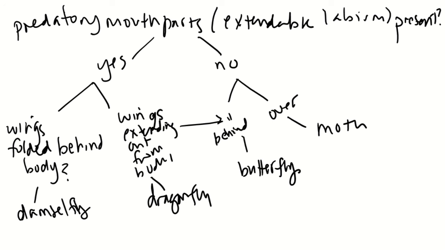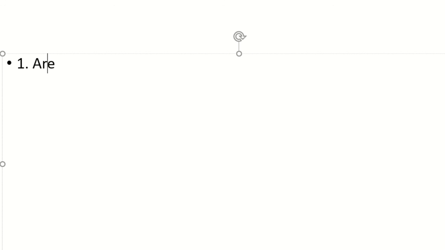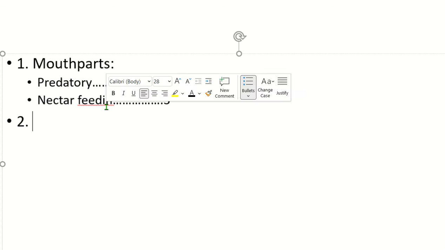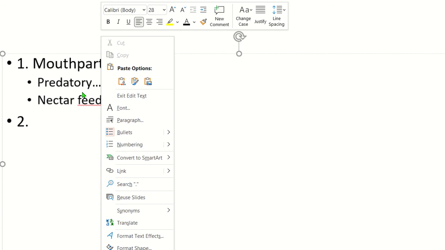So that's one way I could do this, right? And then if I were to put this into a dichotomous key, I would do 1. And if you remember, the way this works is that you then go to a number. So we're going to go to number 2, since if you selected the predatory, then we have to talk about the dragonflies.